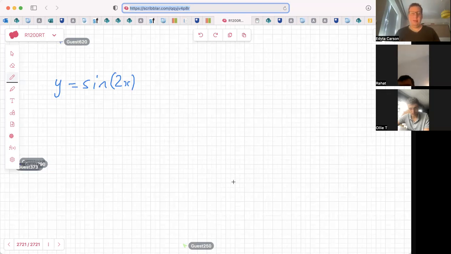There's no such thing as multiplying by sine. So what does sine mean? It means height of 2x. If x is, say, pi, then it's the height of the angle 2 pi. So that'll be 0. It's always saying it's the height of that thing.